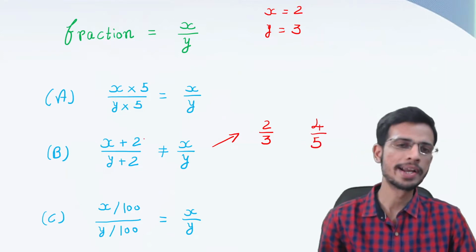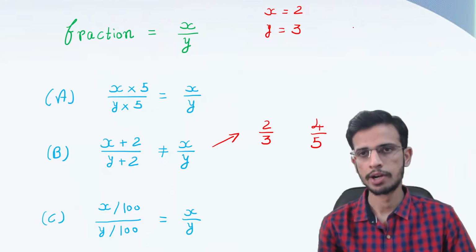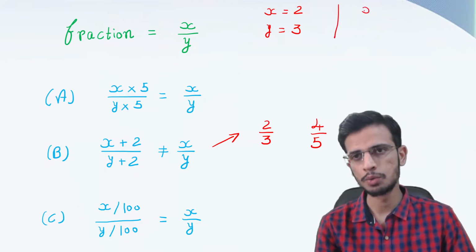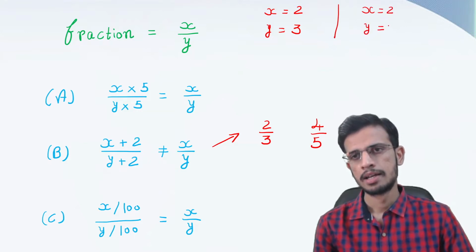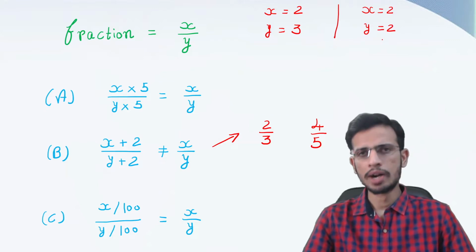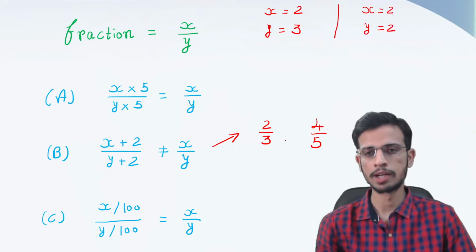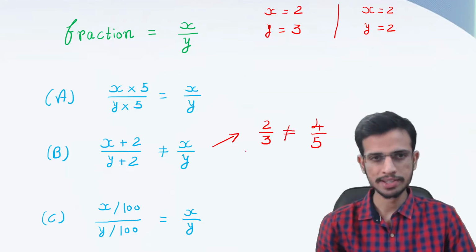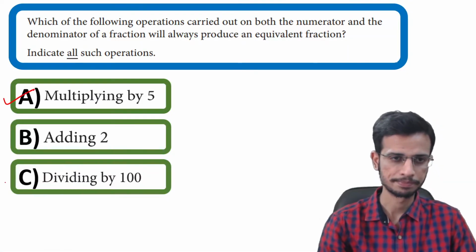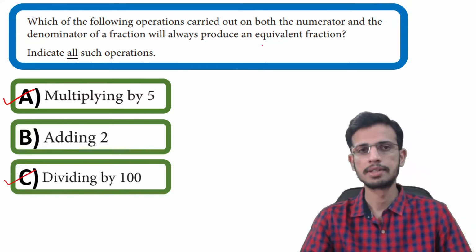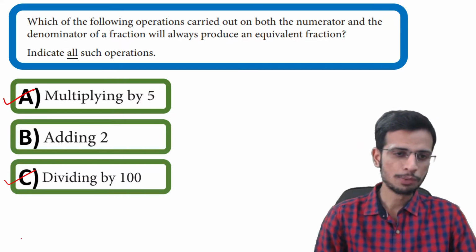If you take x equal to 2, y equal to 2, the original fraction will be 1 and the new fraction will also become 1, but not for all the cases. So for this question, the correct answer will be option A and option C. Yes, you can directly visualize these correct answers. So let's move on to the next question.